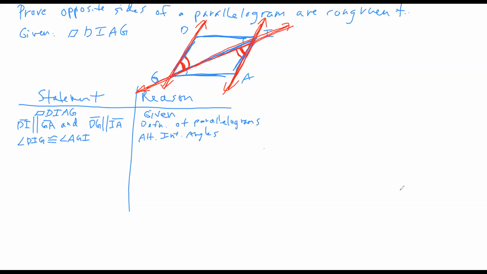So those 2 angles are congruent, but I haven't claimed that in my 2-column proof. So let me come down and claim that. It's angle DGI is congruent to angle, we went DGI, so we should go AIG for the other one, angle AIG.